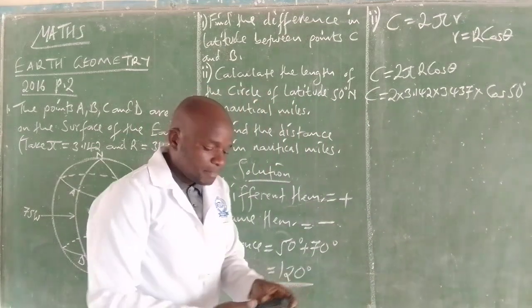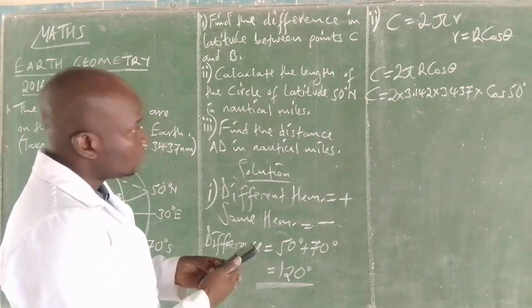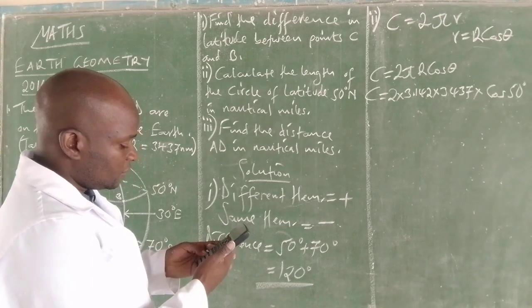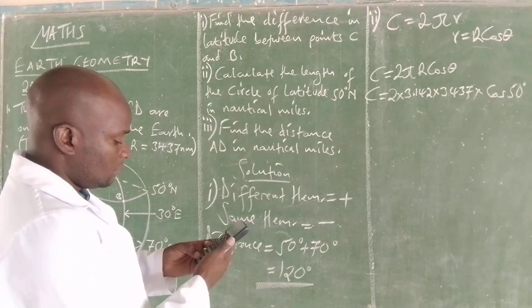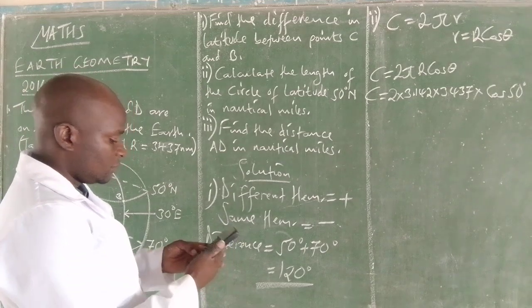Then you simply punch those figures on the calculator the way they are: 2 multiplied by 3.142 multiplied by 3437 multiplied by cos 50.